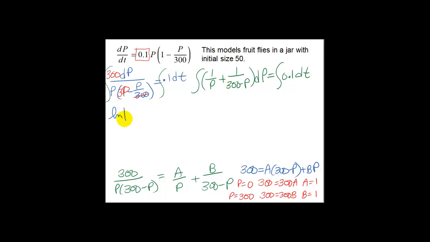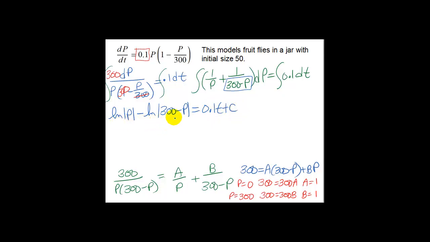Now we can go ahead and do the integration. We've got the natural log of the absolute value of p plus, nope, that's not going to be a plus, and we've got to watch out for that because the derivative of this is a negative one, so we need the reciprocal of that out in front. So we need a negative natural log of 300 minus p equals 0.1 t plus a constant.